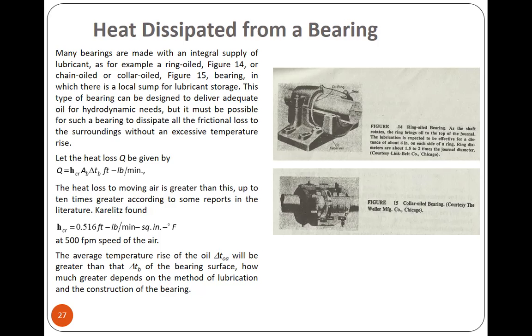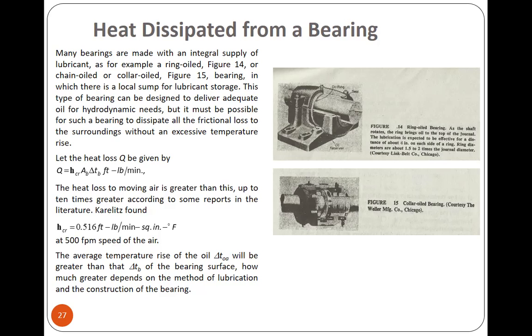This type of bearing can be designed to deliver adequate oil for hydrodynamic needs, but it must be possible for such bearing to dissipate all the frictional loss to the surroundings without an excessive temperature rise. Let the heat loss Q be given by F sub CR, A sub B, and delta T sub B in foot-pounds per minute.